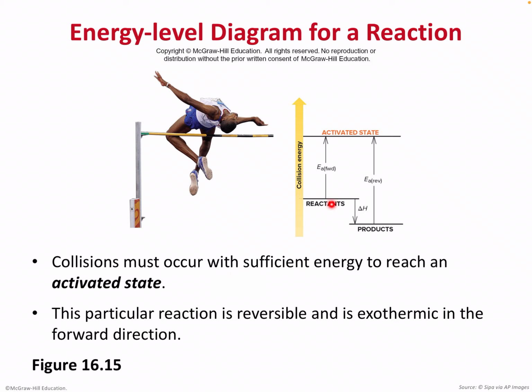So there is a reactant and we have to give energy to come to the activated state. Once the activated state is overcome, in the reverse direction, you come to the products. If the products have lower energy compared to the reactant, we say that is an exothermic reaction. So this particular reaction is reversible but exothermic in the forward direction, and it would be endothermic in the backward reaction.